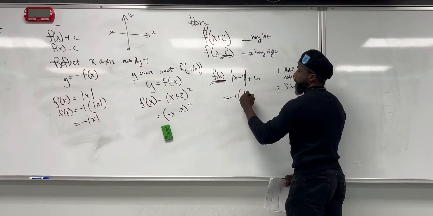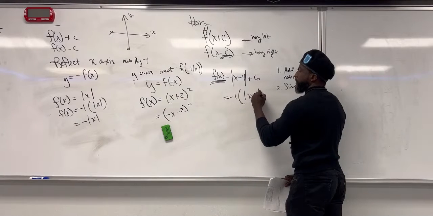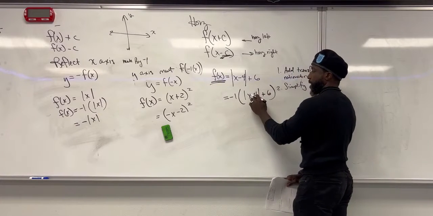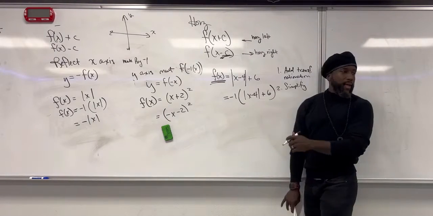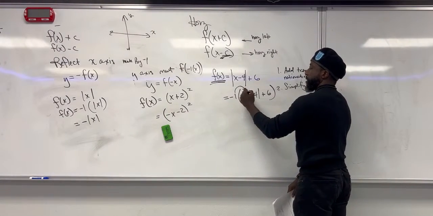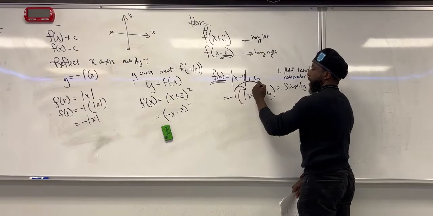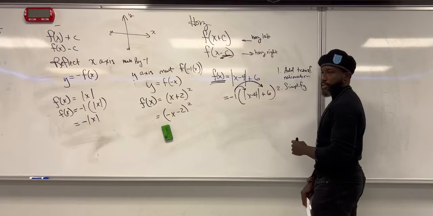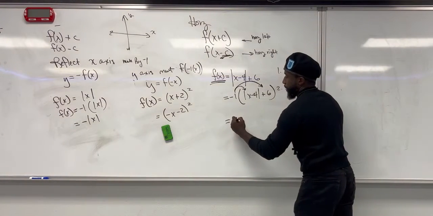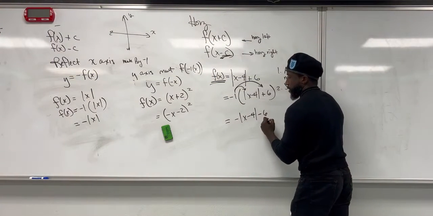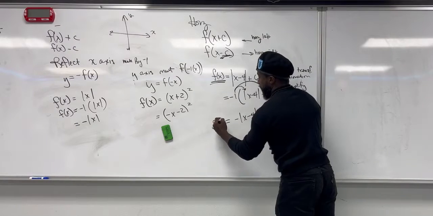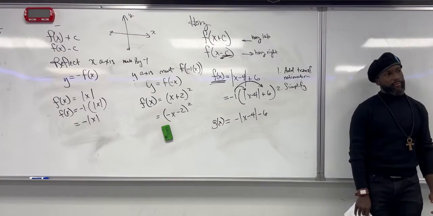So it'll be absolute value x minus 4 plus 6. Okay? Multiplying this whole thing by negative 1, that means it's going to be negative 1 times the absolute value term and negative 1 times 6. So when you simplify it, it'll be negative absolute value x minus 4 minus 6, right? That is g of x. Okay?